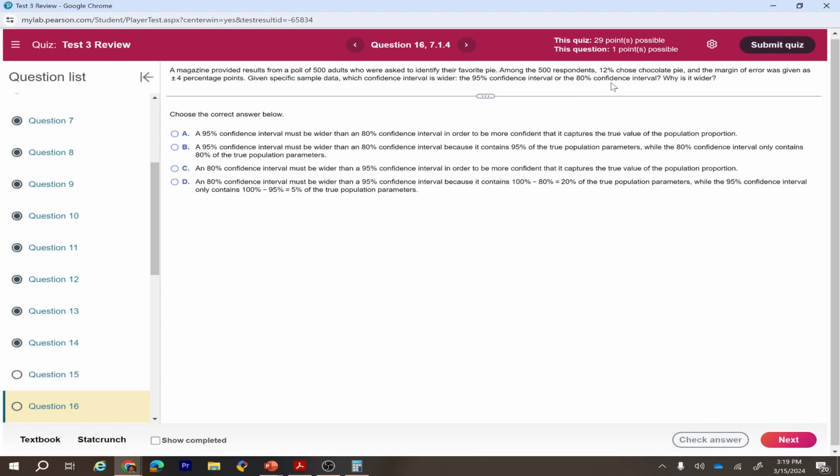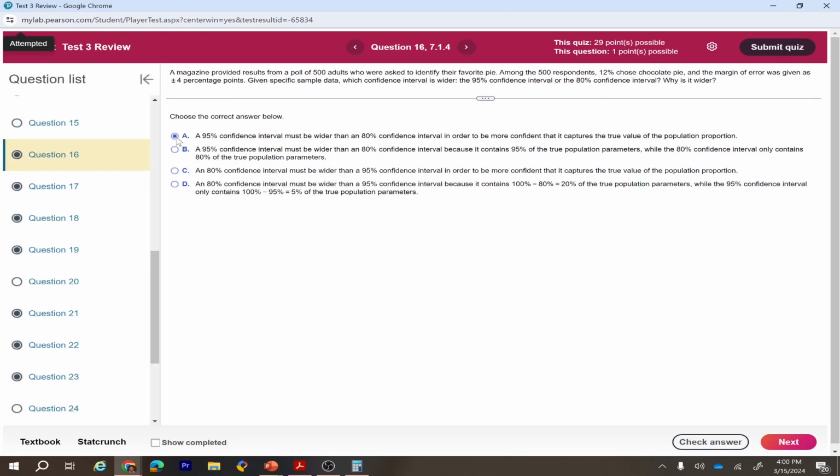Why is it wider? A 95% confidence interval must be wider than an 80% confidence interval in order to be more confident. If you need the bigger confidence level, that's supposed to be the wider range. So the answer is the first one: a 95% confidence interval is wider.